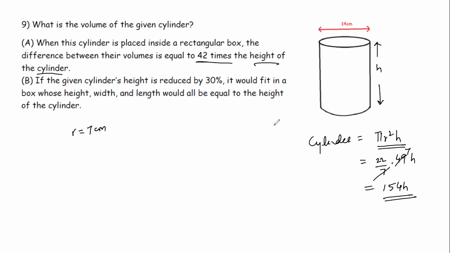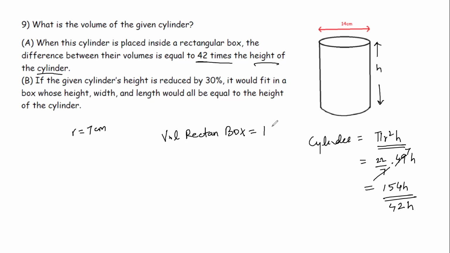Now, when we take the first statement into consideration, then we know that the volume of the rectangular box is 42 times h plus 154h.